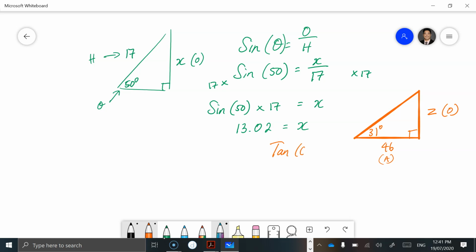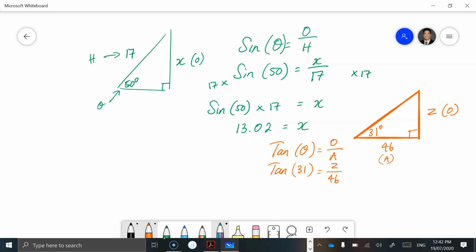Tan of theta is equal to the opposite over the adjacent. So going back to the formula, we substitute the values: tan of 31 is equal to Z over 46.